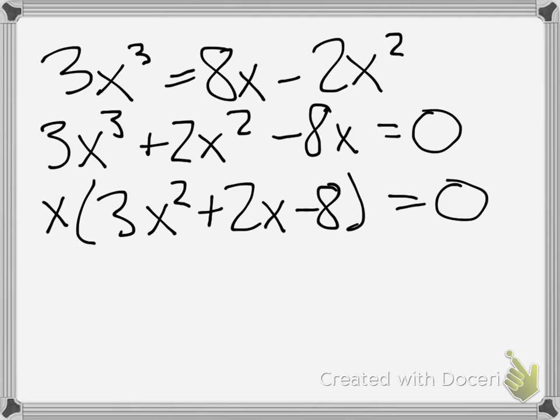Now, the inside of that is a quadratic polynomial. So let's do our factoring again. I compute AC. -8 times 3 is -24. I'm looking for two things that I can multiply and get -24 that add up to 2.